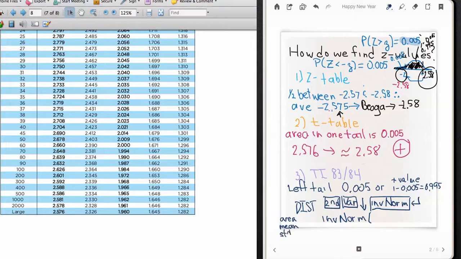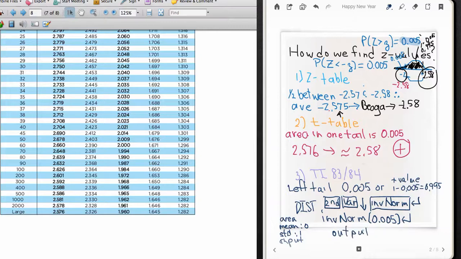And if you haven't messed with this before, this mean is already 0 and the standard deviation is already 1, and then you just have to do a, what does it say? It says input or something like this here. So at any rate, what you're going to put in here is 0.005.